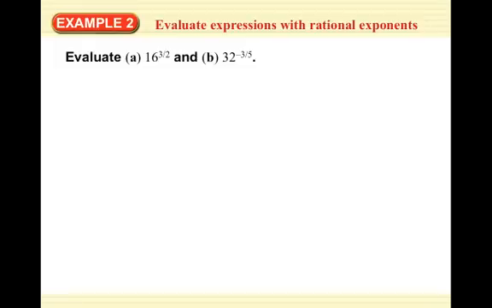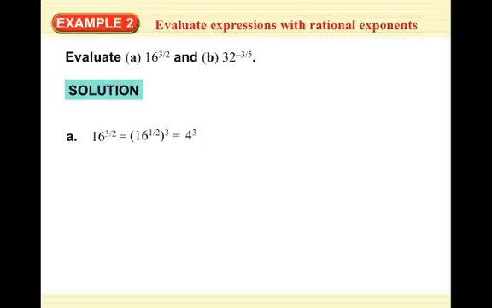All right, we're going to evaluate 16 to the 3 halves and 32 to the negative 3 fifths. 16 to the 3 halves, we can write that as 16 to the 1 half cubed. 16 to the 1 half is just square root of 16, it's just 4.